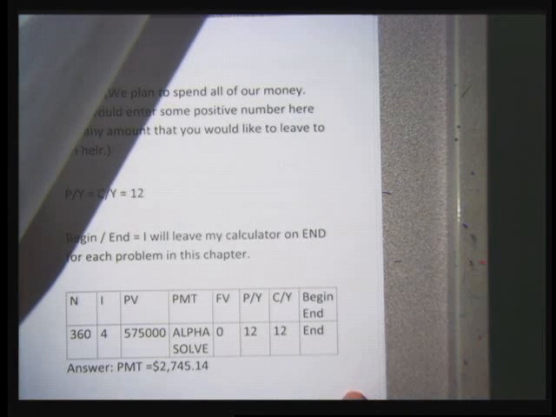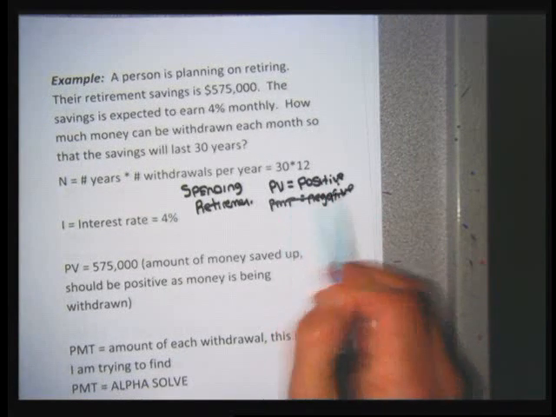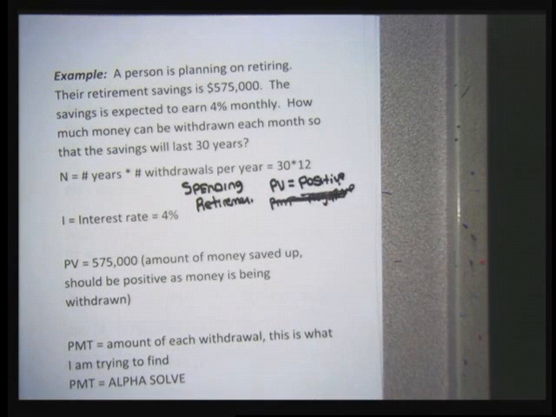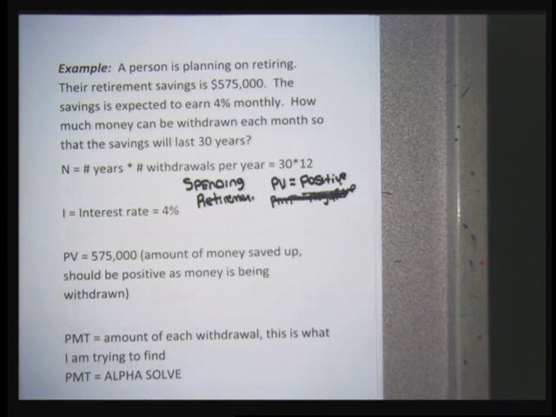Oh, because I'm solving for it. Duh. Won't matter. All right. For now, let me hold off on that. But when I'm spending my retirement money, the PV is definitely positive. And when we get into a problem that has a payment that we need to enter, then I'll focus on the sign. I'm pretty sure I have that right, but I need to see a problem to make sure.